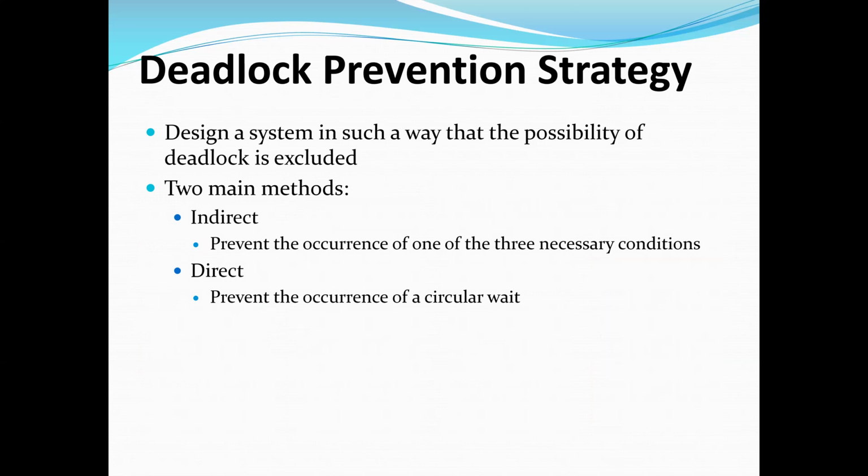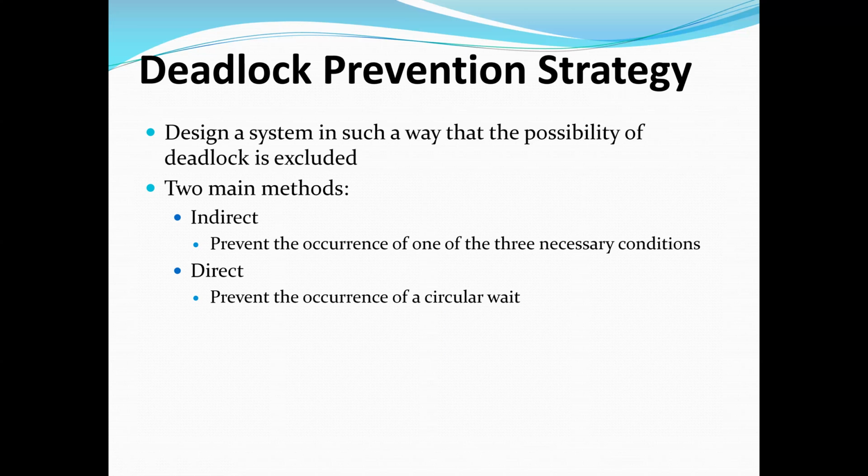Now we can view deadlock prevention methods as falling into two cases. An indirect method of deadlock prevention is to prevent the occurrence of one of the three necessary conditions listed in our previous slides, excluding the circular wait.